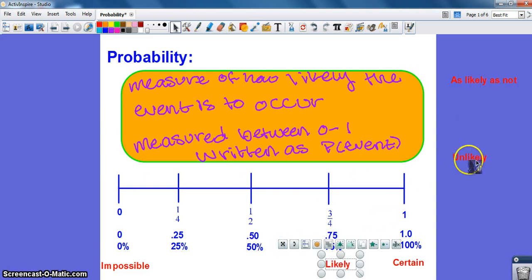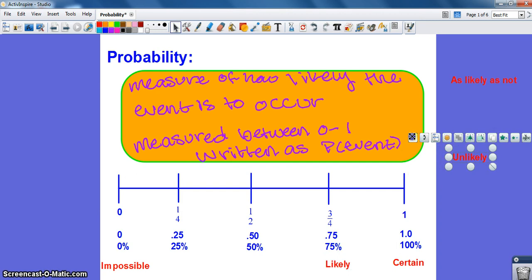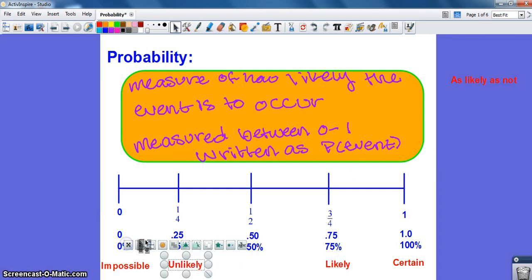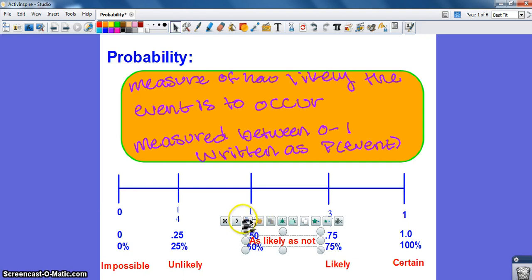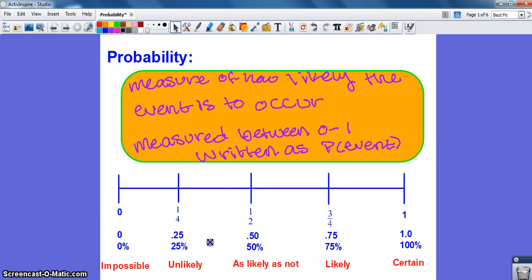And unlikely is going to be closer to 0 or not close to 1. So then we're left with the term as likely as not, which means that there is a 50-50 shot of something happening. An example of that would be flipping a coin. You have just as many odds of getting a tails as you would of getting a heads.